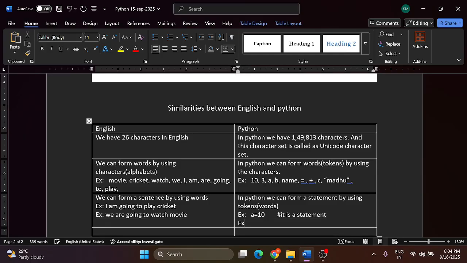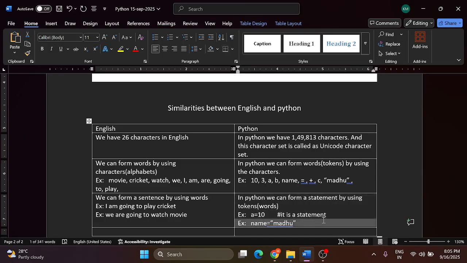Now I'm writing one more example. Name is equal to, within double quotations, Madhu. Now this is also a statement. A equal to 10 is one statement, and name equal to Madhu is another statement.